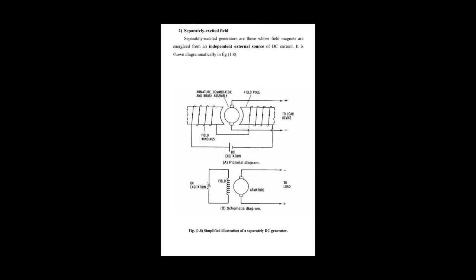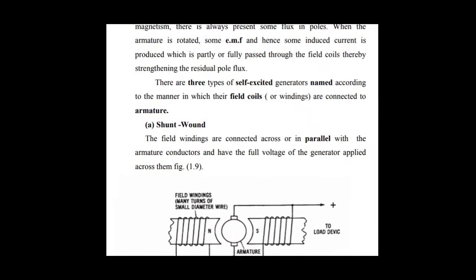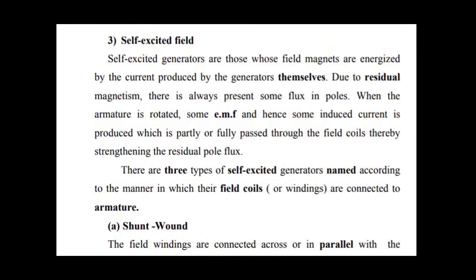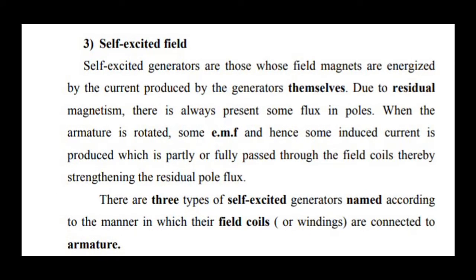Now this is a self-excited DC generator. Self-excited generators are those whose field magnets are energized by the current produced by the generator themselves.